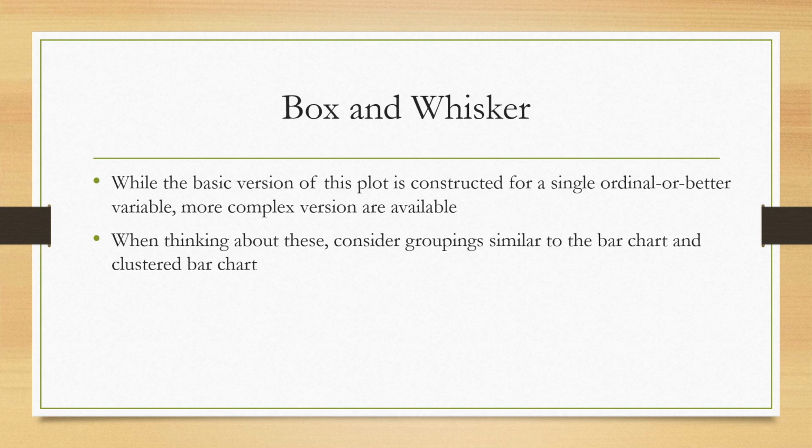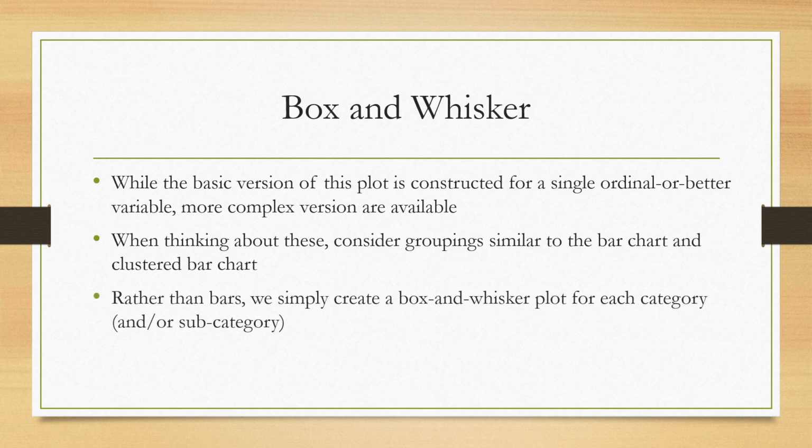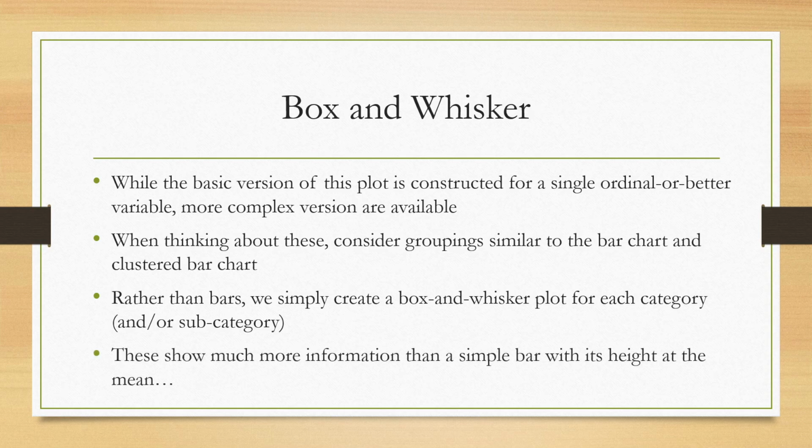So we can do the categorical axes, we can do the clustered groups, and we can do those with box and whisker plots as well. And again, rather than just the bar, we do a box and whisker plot within each category / subcategory, which shows more information than just the height of the bar at a mean or a sum. It shows, again, depending on the chart we're using, the mean, the median, the spread, etc.